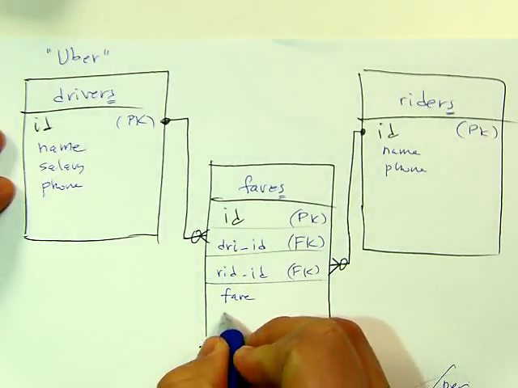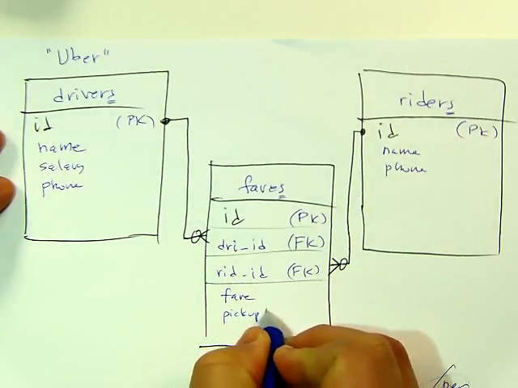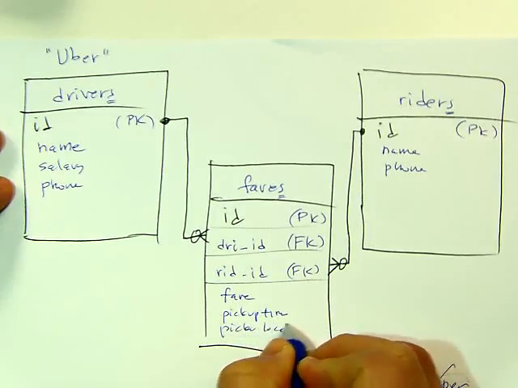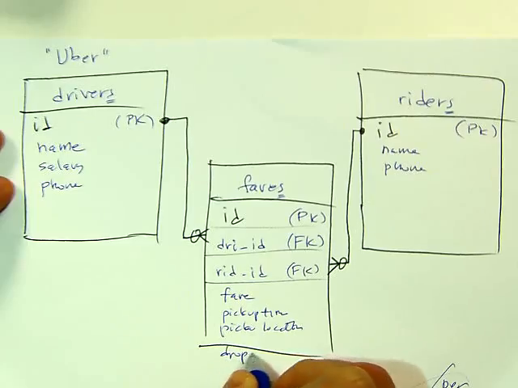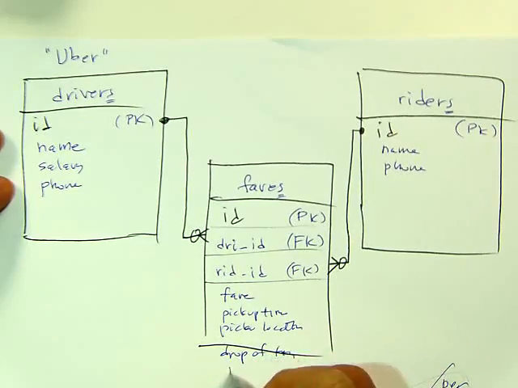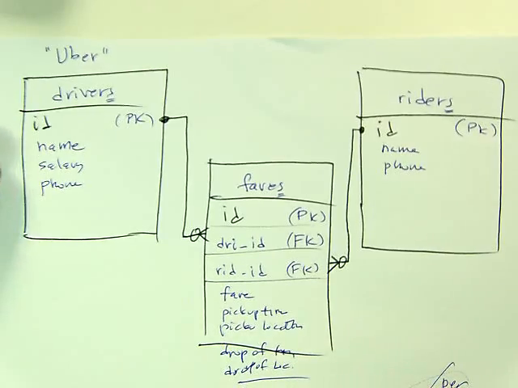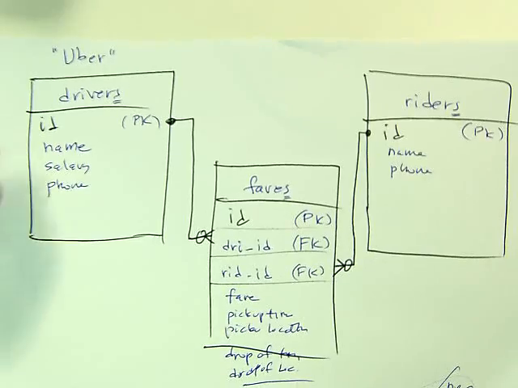Another one might be the pickup time, the pickup location, drop off time, drop off location. There's any number of things that you might want to put into that table.